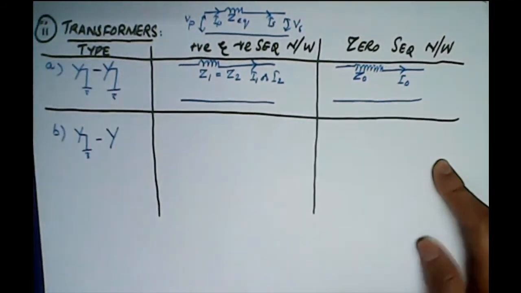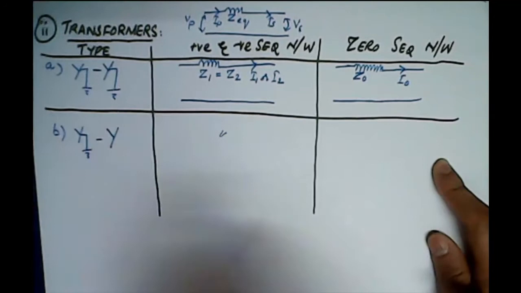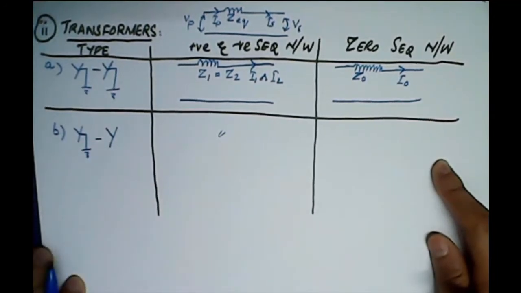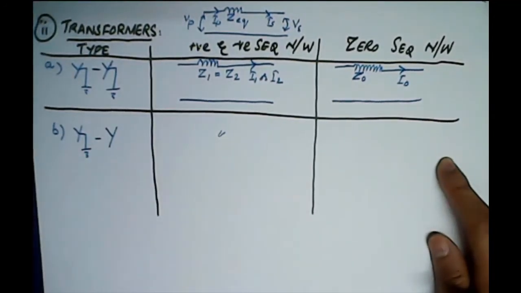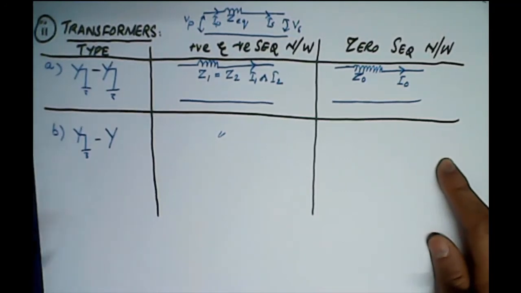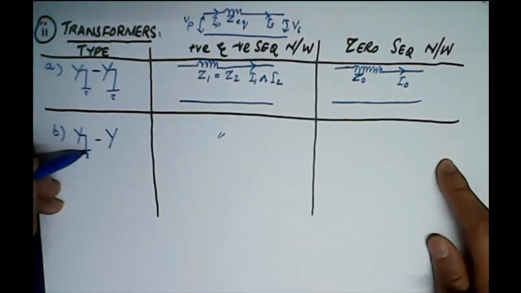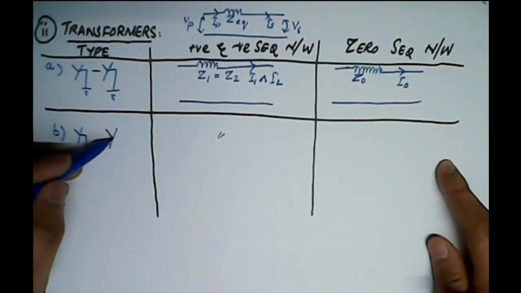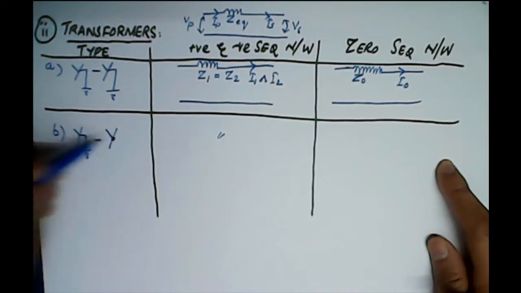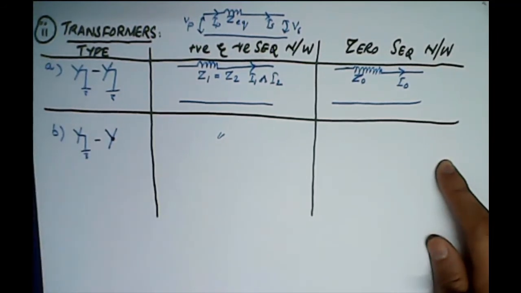The positive and negative sequence components will be the same, no issue, right? But talking about the zero sequence component, the primary side is grounded. This means zero sequence current can flow, but the secondary side neutral is left open circuited, and we know that the transformer works on the MMF balance.